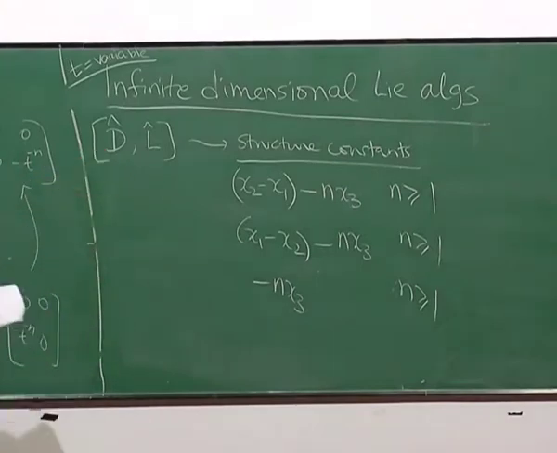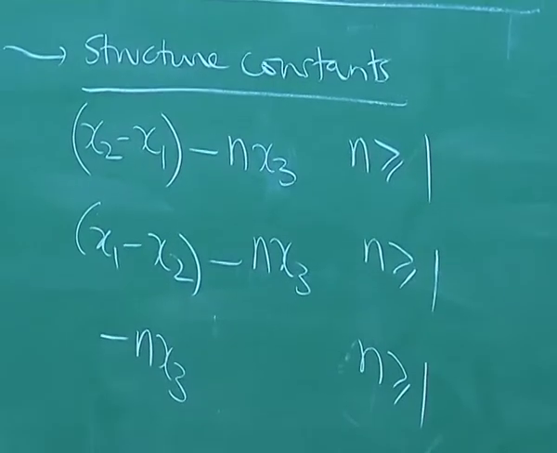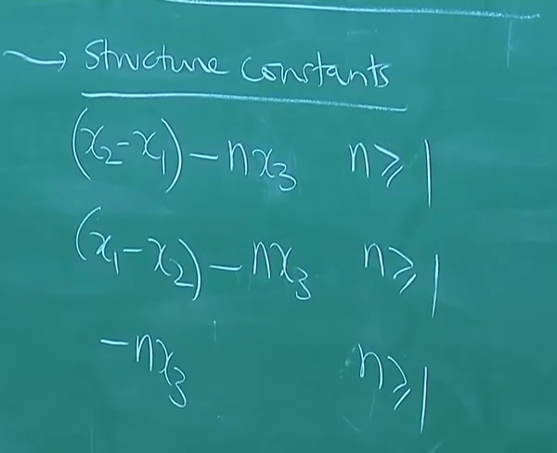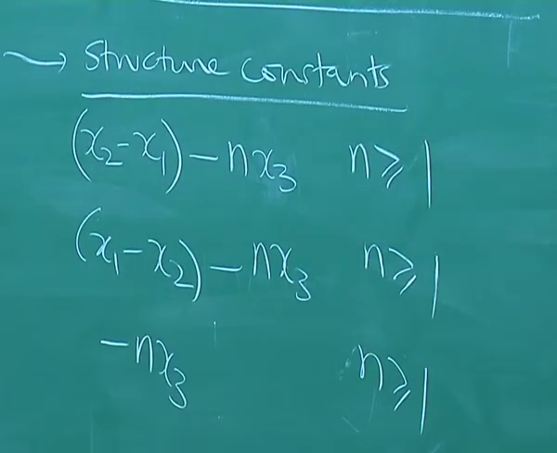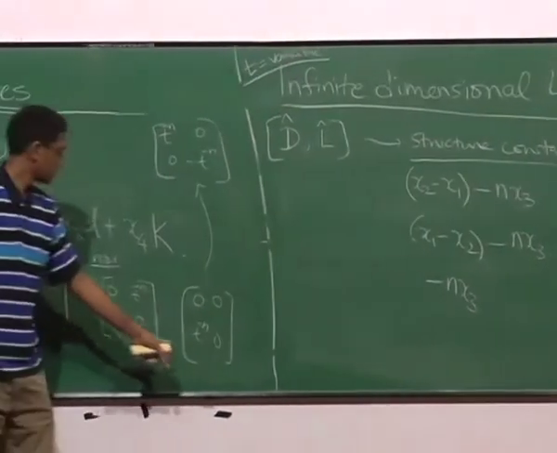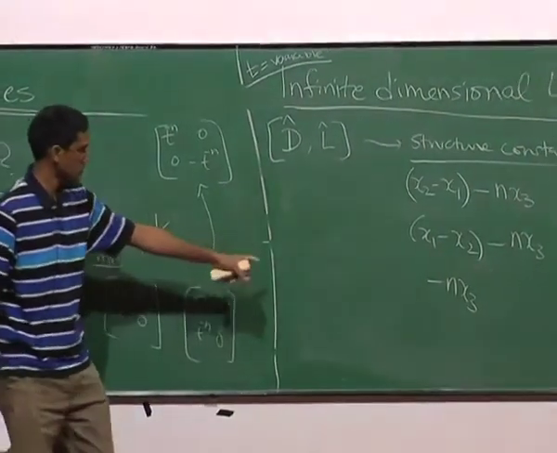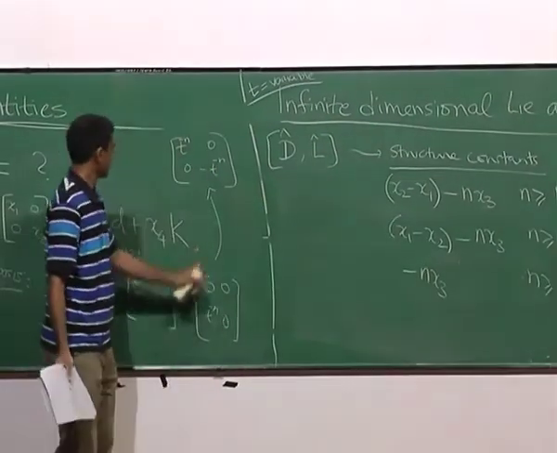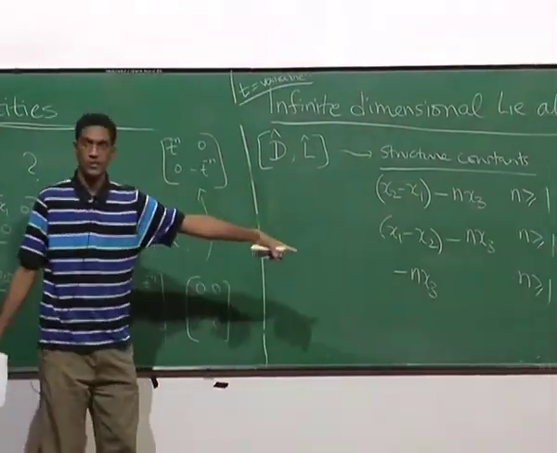These are the structure constants that you get when you hit x's with the various basis elements I wrote. So this guy here will give you x1 minus x2 minus n x3. This guy will give you the other one, x2 minus x1. This fellow will give you the minus n x3.